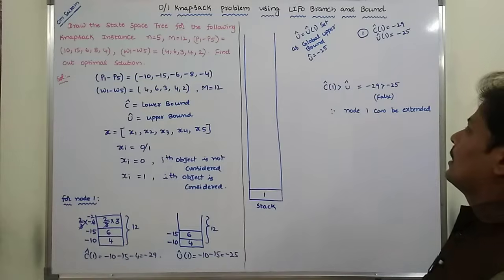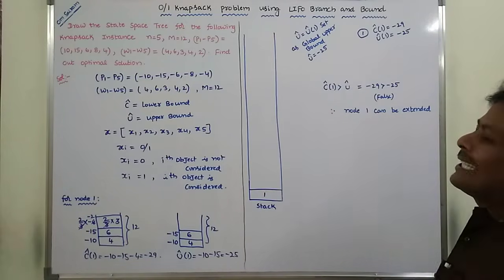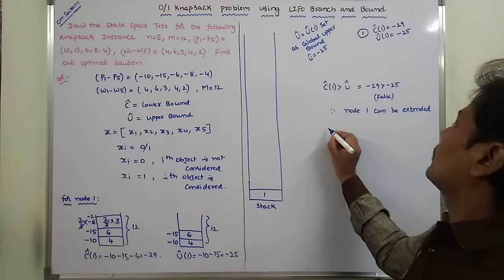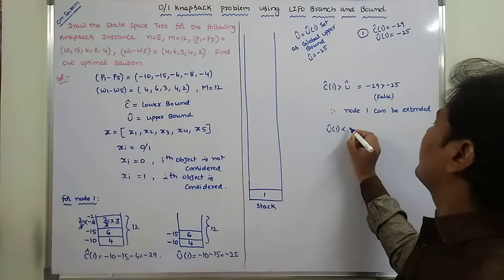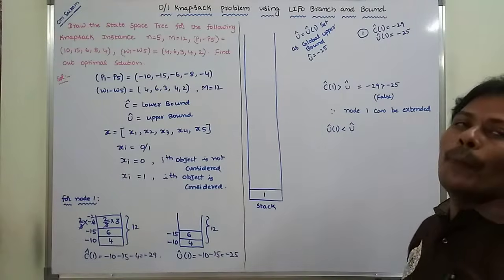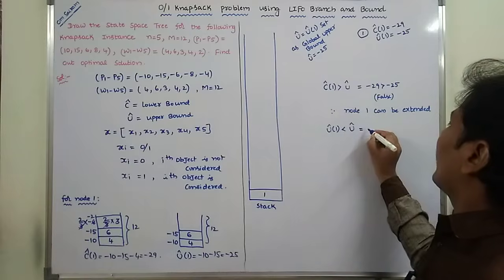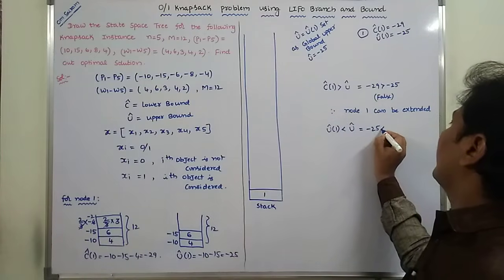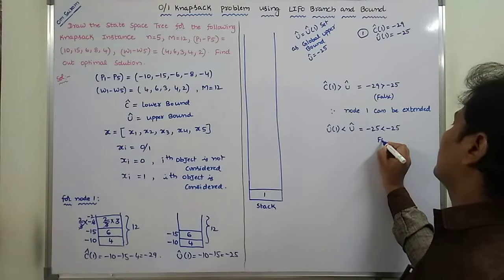Okay. Next, is the global upper bound updated at node 1 or not? That means, is U cap of 1 less than the global upper bound U cap? U cap of 1 is minus 25. Minus 25 less than minus 25. So this is false.